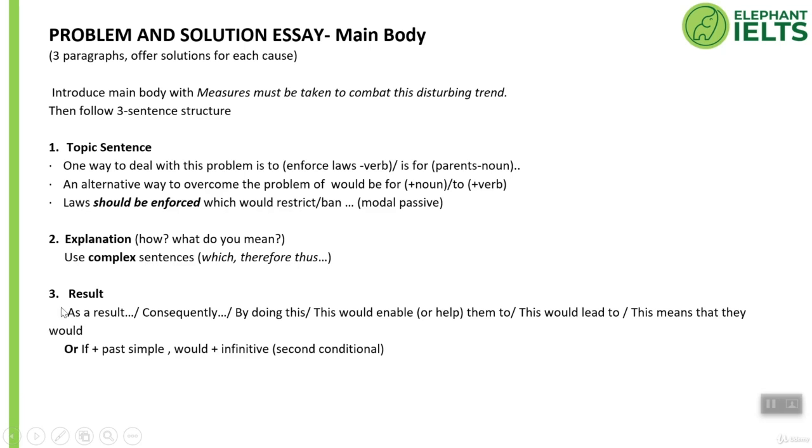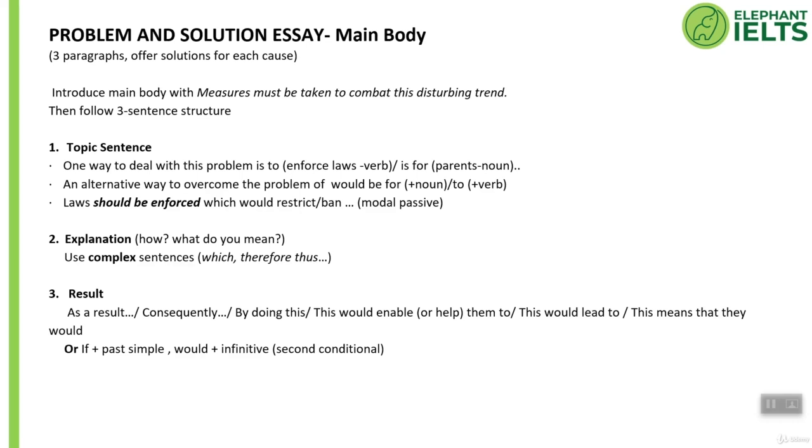And then the third sentence should be the result of taking the above measure, and you could begin with any of these. As a result, consequently, by doing this, this would enable, this would lead to, or this means that they would.